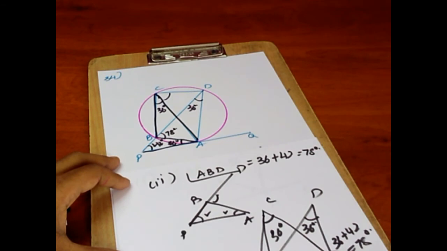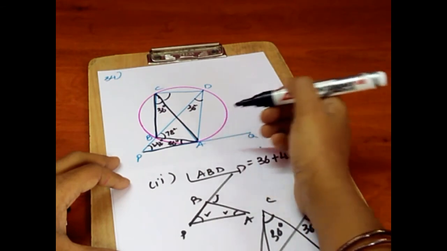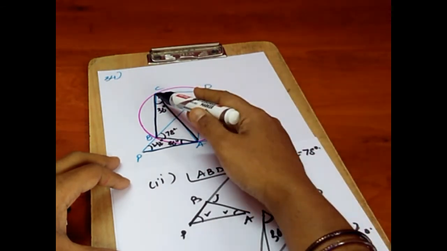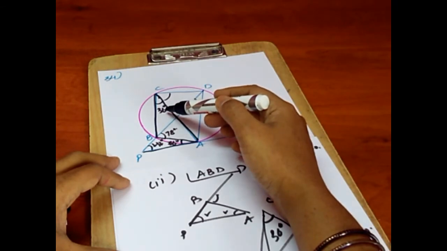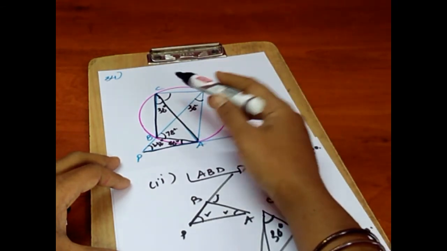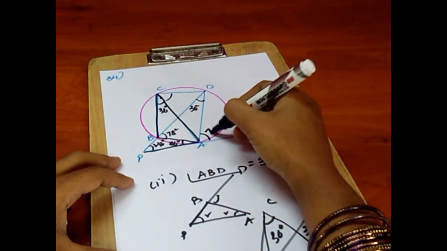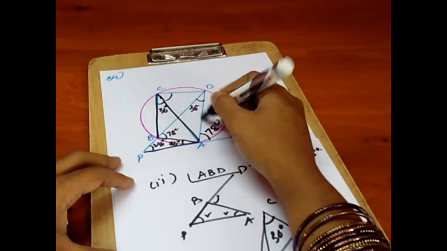How can we say that? PAQ is a tangent. We know that AD is a chord. So when AD is a chord, consider the angle formed at this point, angle ACB. Here ACB is given as 36 degrees. Hence, angle ACD will be equal to 78 degrees. Already this is 78, QAD.